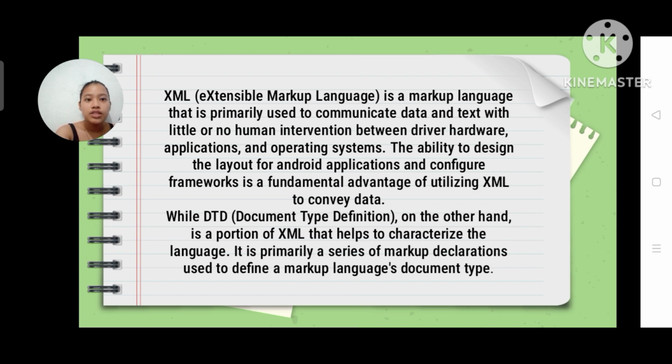The ability to design the layout for Android applications and configure frameworks is a fundamental advantage of utilizing XML to convey data, while DTD, Document Type Definition, on the other hand, is a portion of XML that helps to characterize the language. It is primarily a series of markup declarations used to define a markup language document type.